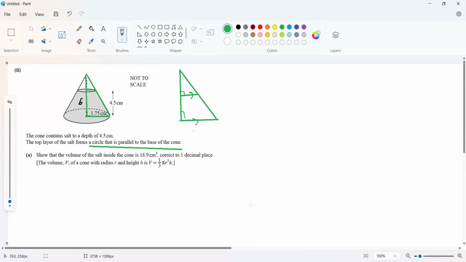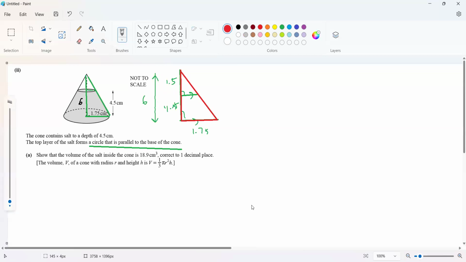So in other words, this is 1.75, this is 4.5, and this whole thing is still 6. And this small part here is 1.5. So we can make a ratio for the big triangle, which I will now color in red, to the small triangle, which I'll retain as green.